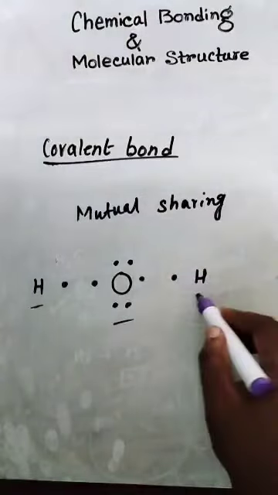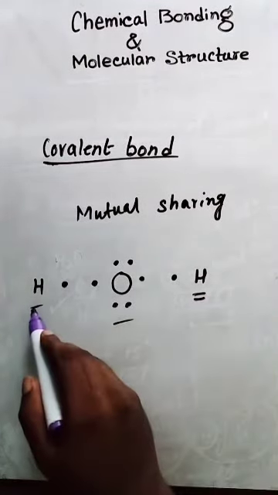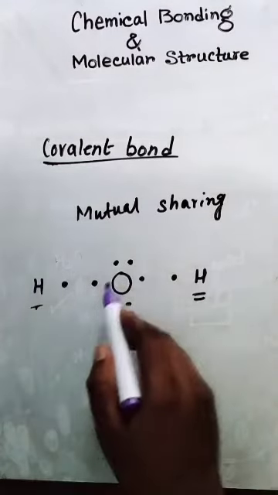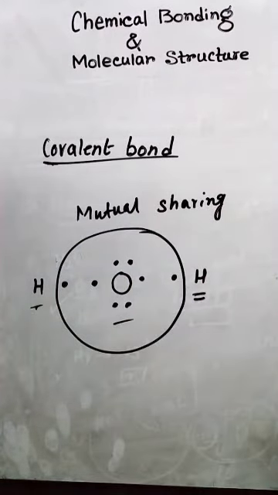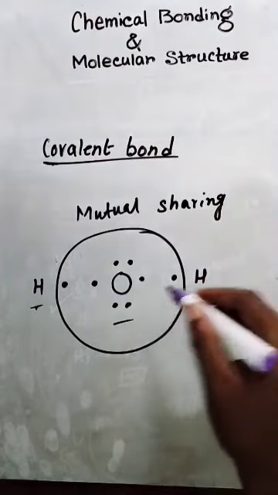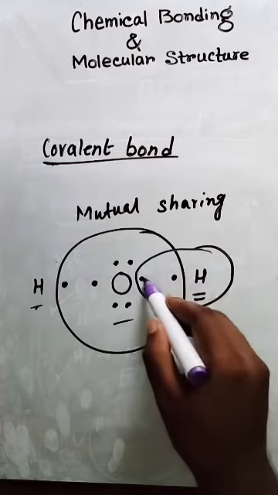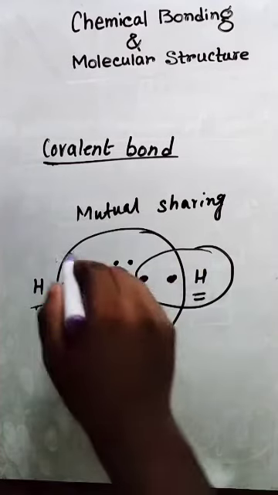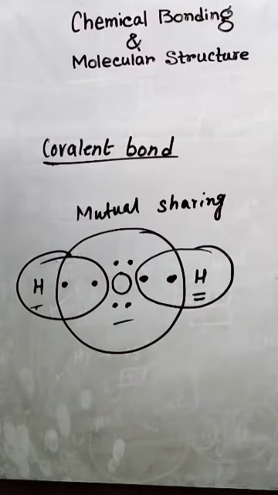If this hydrogen shares 1 electron with the oxygen atom, and this hydrogen also shares one electron with the oxygen atom, then oxygen has 8 electrons in its valence shell. Similarly, since oxygen shares 1 electron with hydrogen, each hydrogen has 2 electrons in its valence shell. So oxygen and hydrogen both share their electrons with each other.